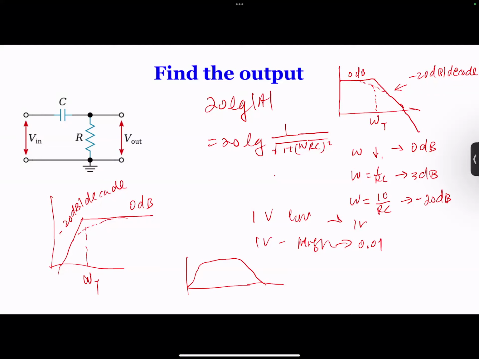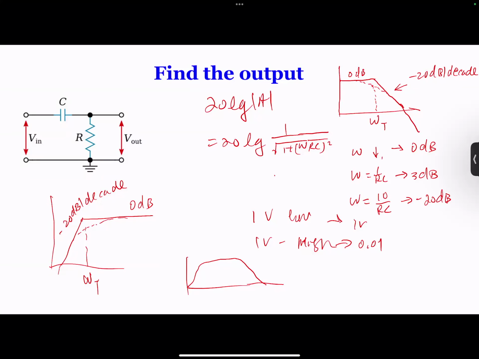And in the future, this is 20 dB per decade, but if you want the output attenuated more, like, okay, it's okay, but it's too slow. At this point, I don't want that much output for high frequency. I want to filter a lot more than 20 dB per decade. So in the future, you will see something like this.